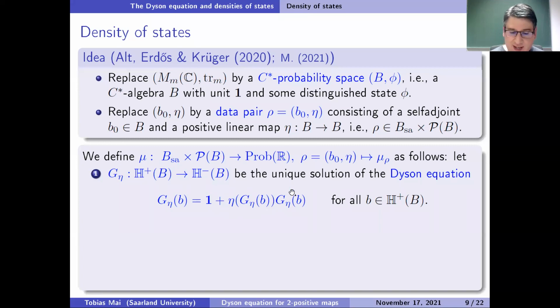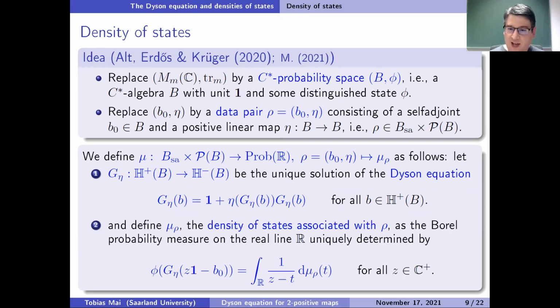So now again, we see the Dyson equation, again this quadratic equation. And with this solution of the Dyson equation at hand, we define our probability measure as follows. First of all, we consider this function here. We evaluate our solution G eta at the point Z times identity minus this mean.